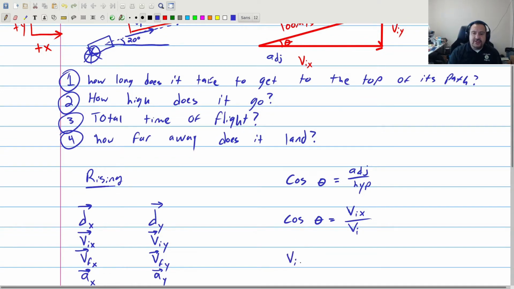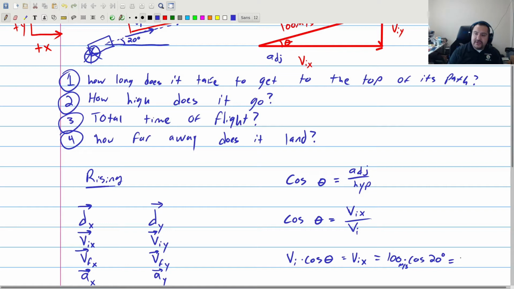And I get V initial times the cosine of theta is equal to V initial x. So this is equal to 100 meters per second times the cosine of 20 degrees, which will give us our initial velocity in the x direction.